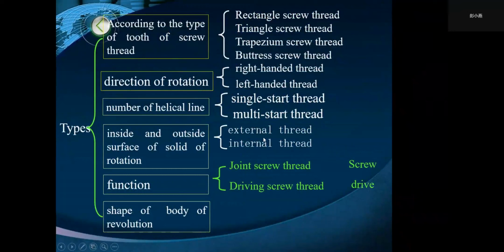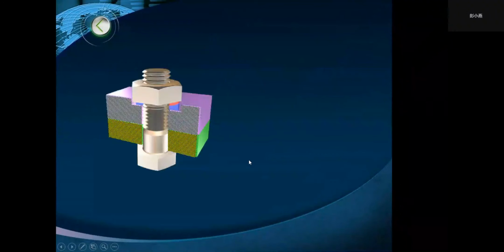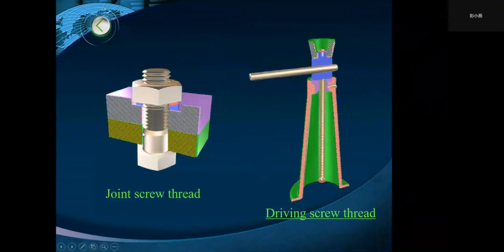And according to the thread function, screw thread can be divided into joint screw thread and driving screw thread. This is a joint screw thread. The joint screw thread plays the role of connection, and this is a driving screw thread.